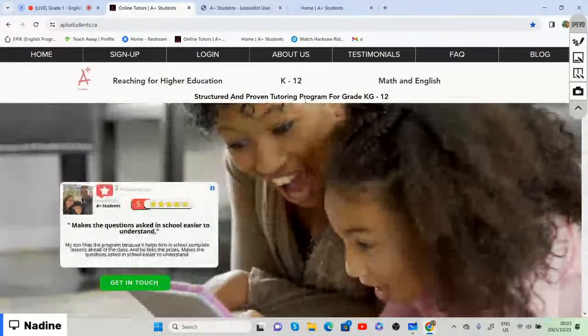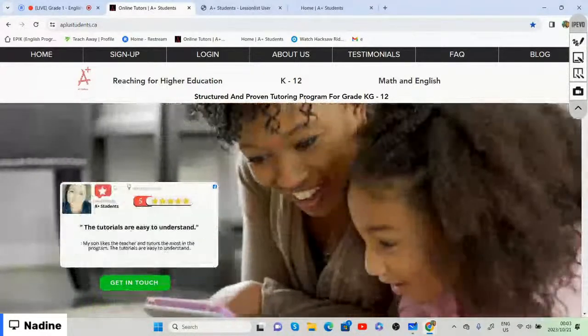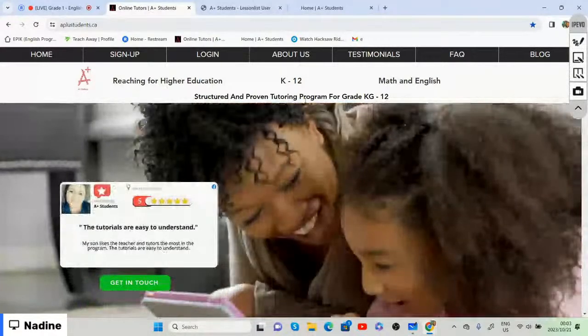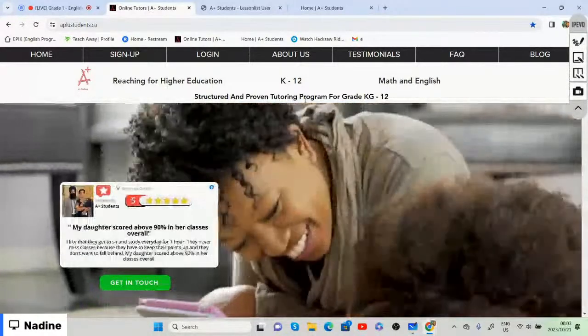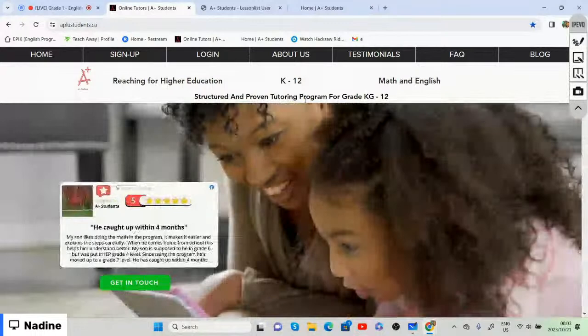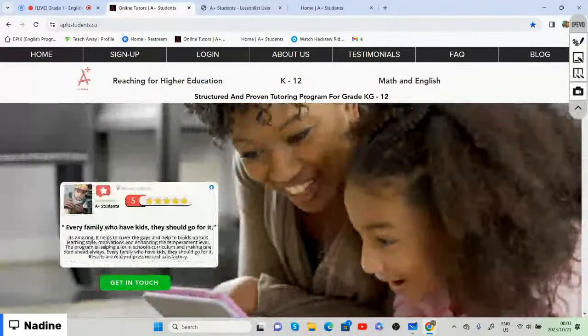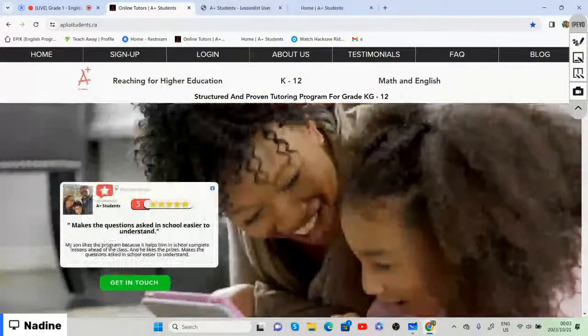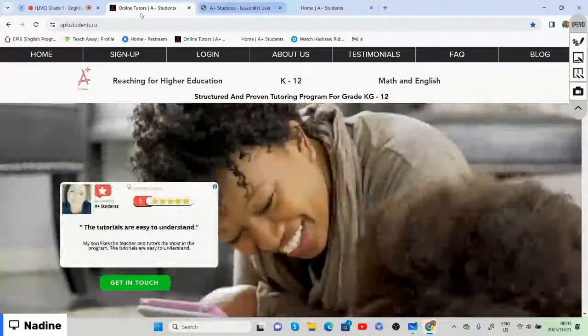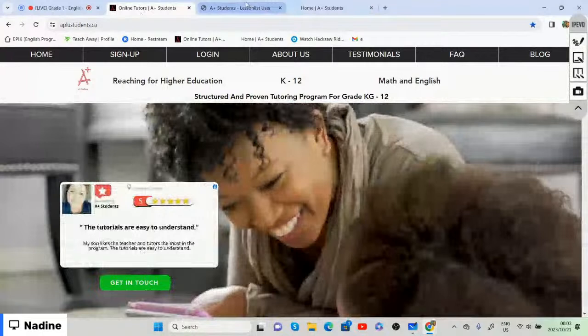We're doing our grade 1 English lesson on adjectives that compare. Once you've selected language arts, you scroll down the chapters until you get to adjectives that compare.